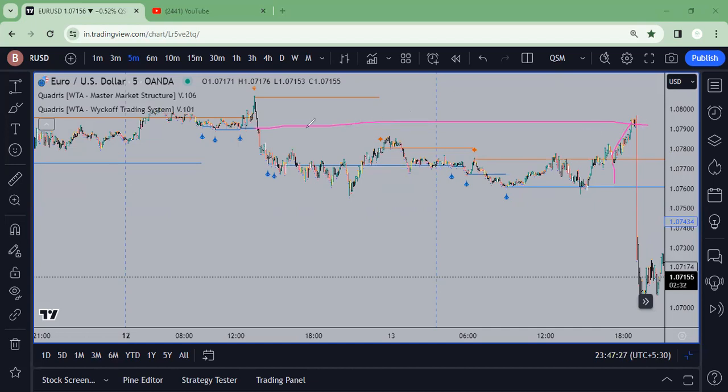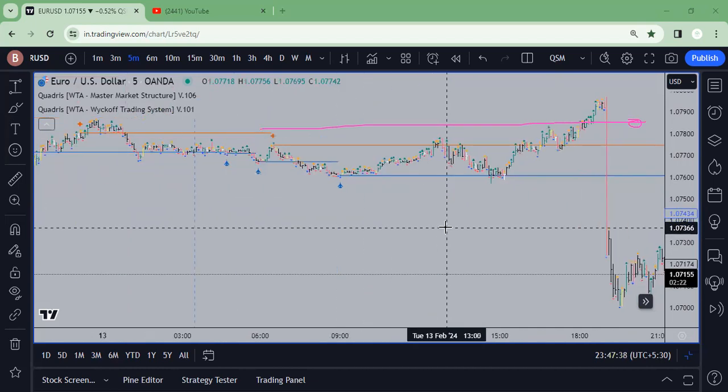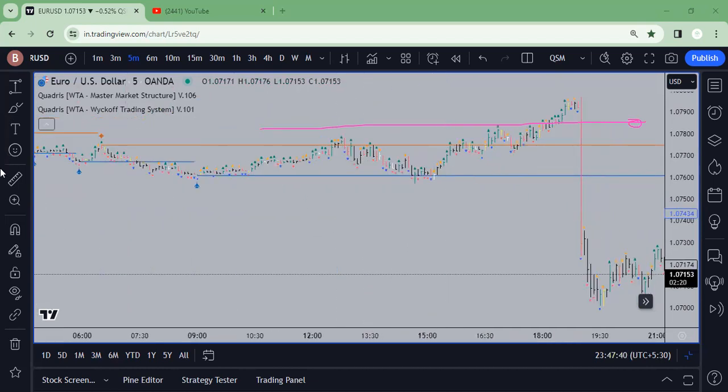Then afterwards, as this was an obstacle which was beautifully held, if you zoom in, you can see as we approach, the beauty of the tape reading toolkit is that as we are approaching upwards, price bars are getting narrow and new supply is emerging.